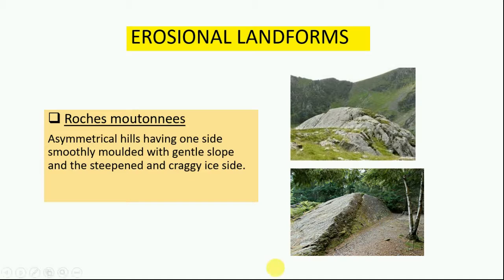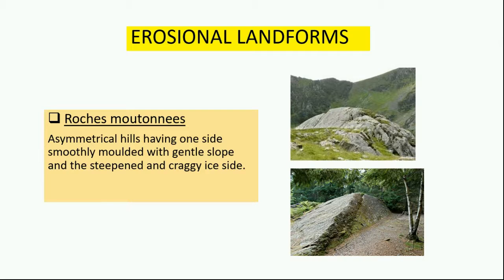Now, other than these erosional landforms, there are various others such as glacial stairways. As the name suggests, it looks like a stair. And then glacial grooves. These are basically small-scale streamlined depressions. Another erosional feature is paternoster lakes. These are basically smaller depressions found in the bases of cliffs.